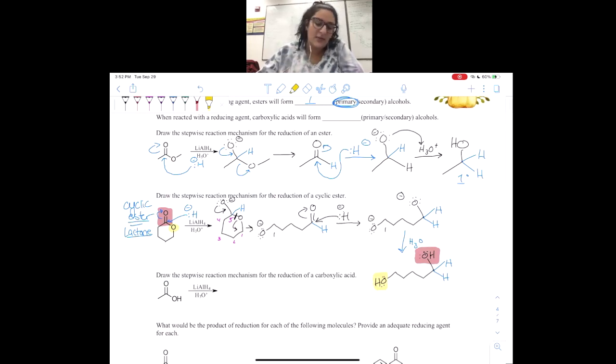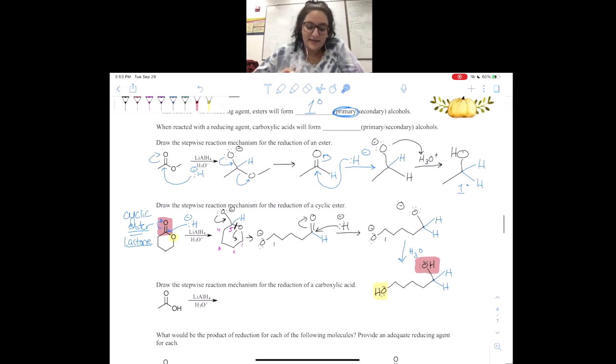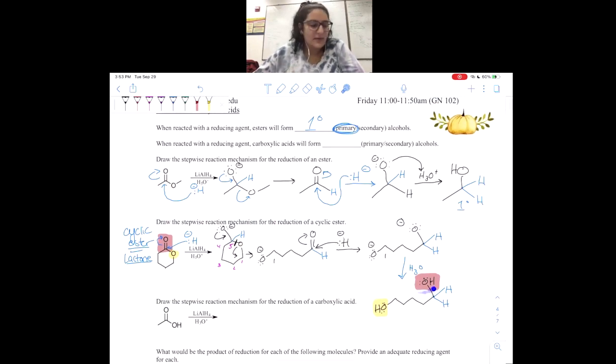And while they're both part of the product, so they're both important, usually we're talking about this one, since this can vary depending on what kind of substituents we have in the ring. It could be secondary or tertiary. But as far as this oxygen, it will essentially always turn into a primary alcohol.